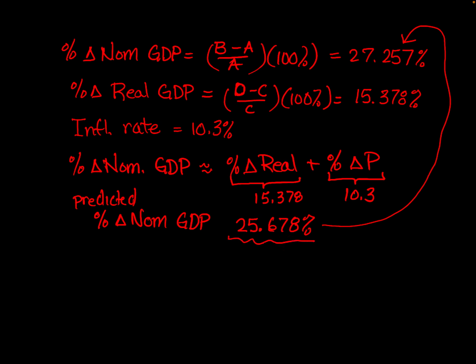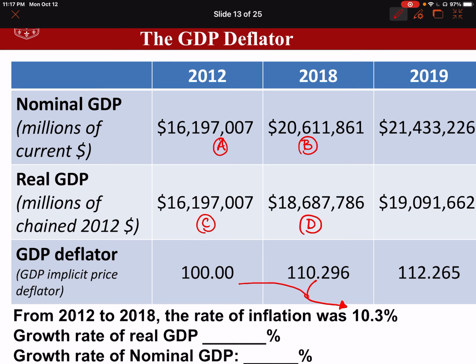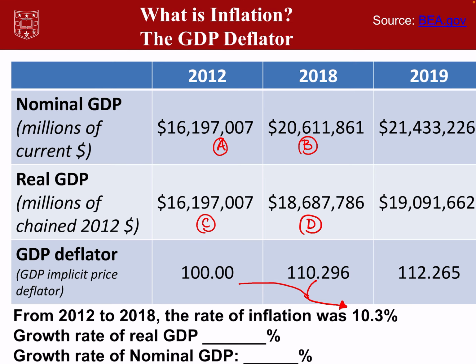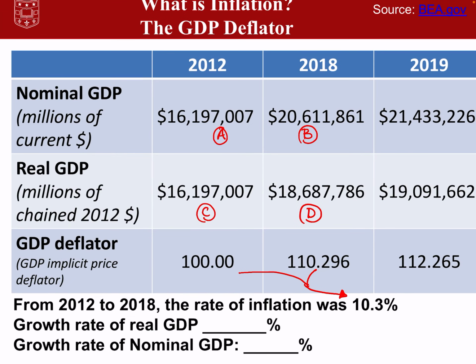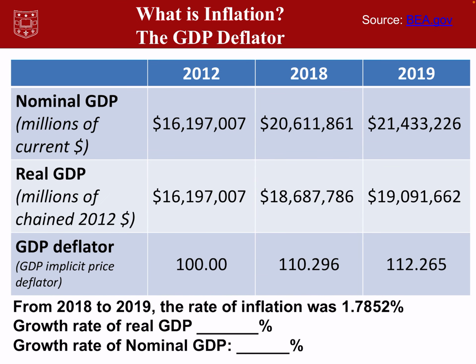And again, this is looking at 6 years apart of data, so the degree of precision is going to be even less than if we had 2 successive years. So for instance, now I'm going to ask you to consider 2018 and 2019.